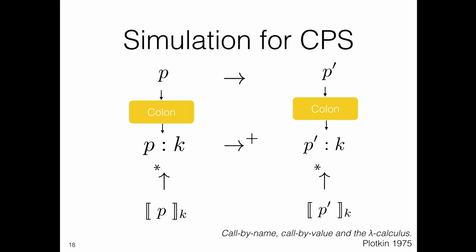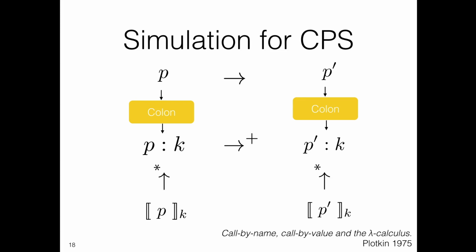In order to establish a simulation for CPS, he shows that the colon translation of P steps with one or more steps to the colon translation of P prime. He then shows that the CPS translation reduces to the colon translation.